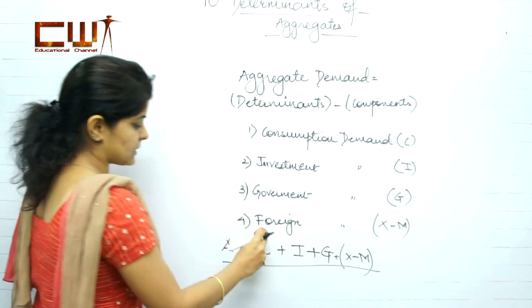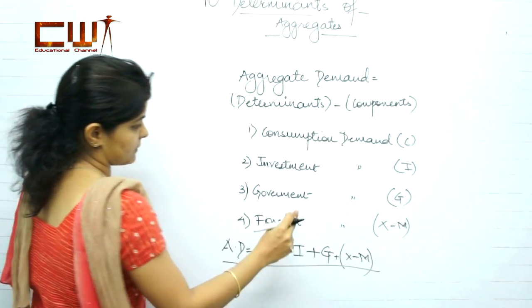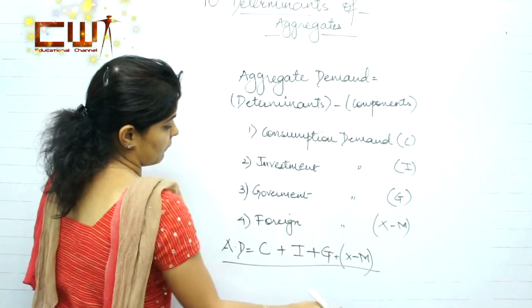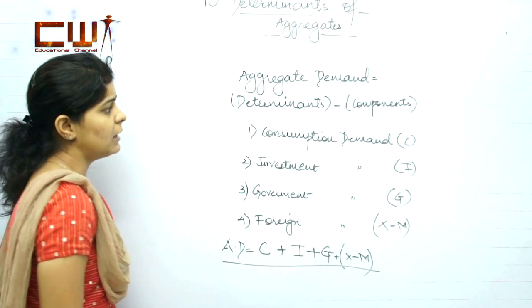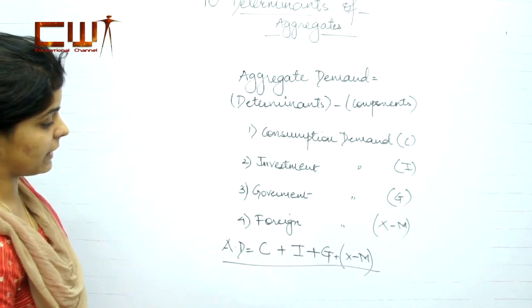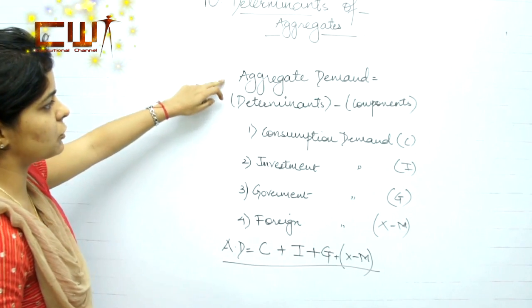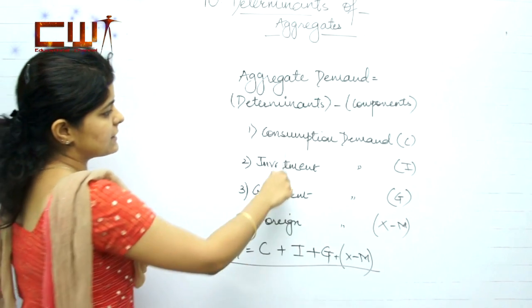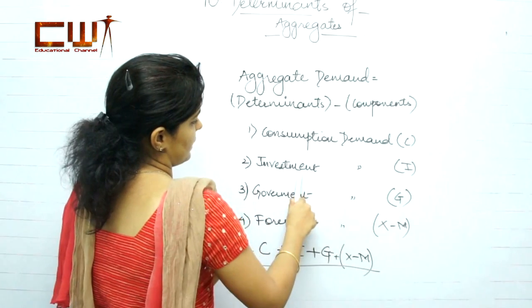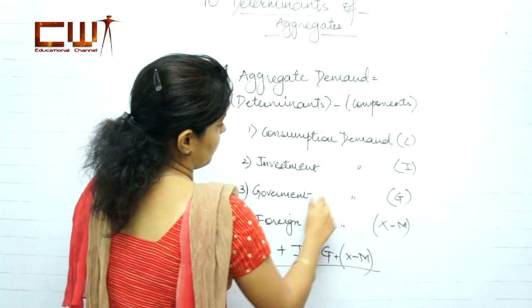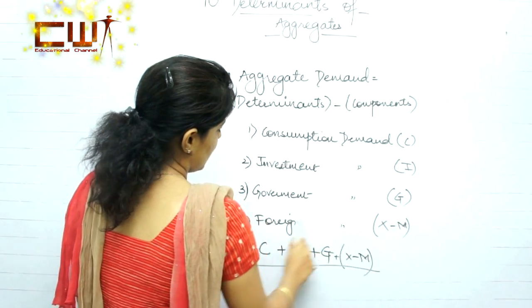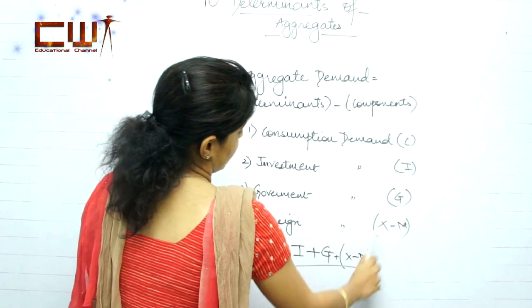Total demand means consumption demand, plus investment demand, plus demand from the government side, plus the foreign demand, that is the exports minus the imports. These are the determinants or the components of the aggregate demand. Consumption demand you denote by C, investment demand you denote by I, government demand by G, and foreign demand by X minus M.